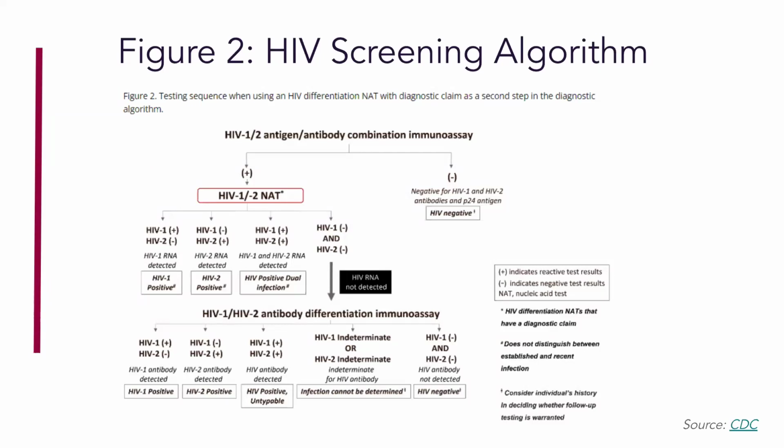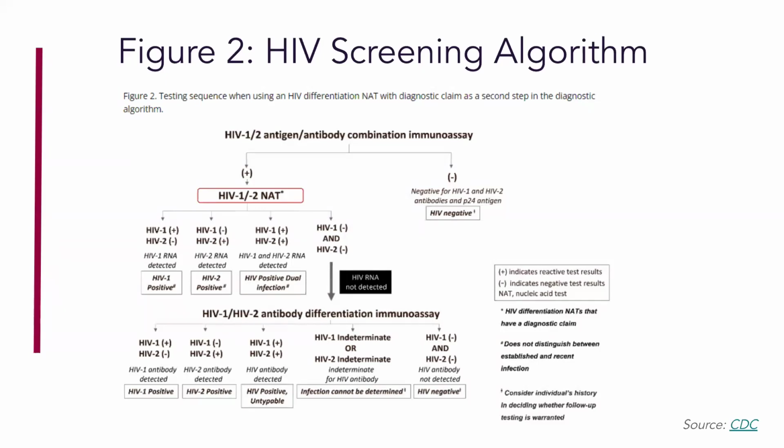So in the case that the antigen antibody test is positive, some labs will go right to the qualitative viral load, the NAT testing, to see if virus is present. And then typically after a NAT test, if that comes back positive, then the quantitative viral load is done.